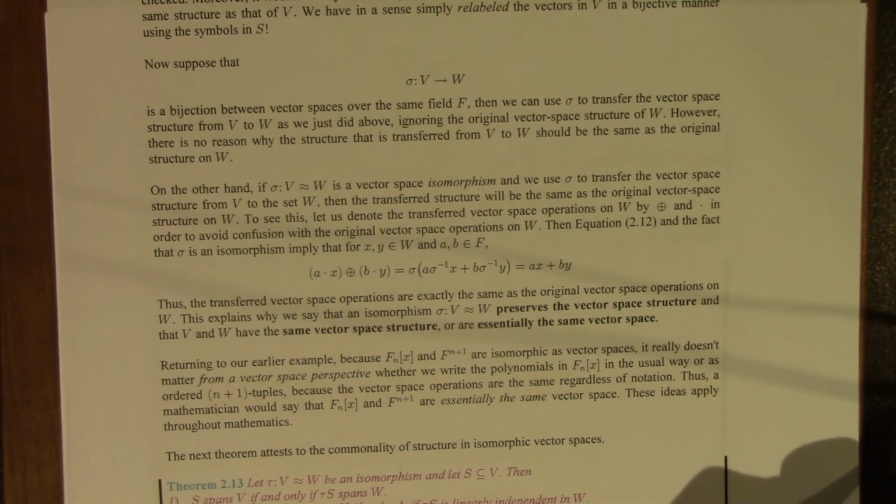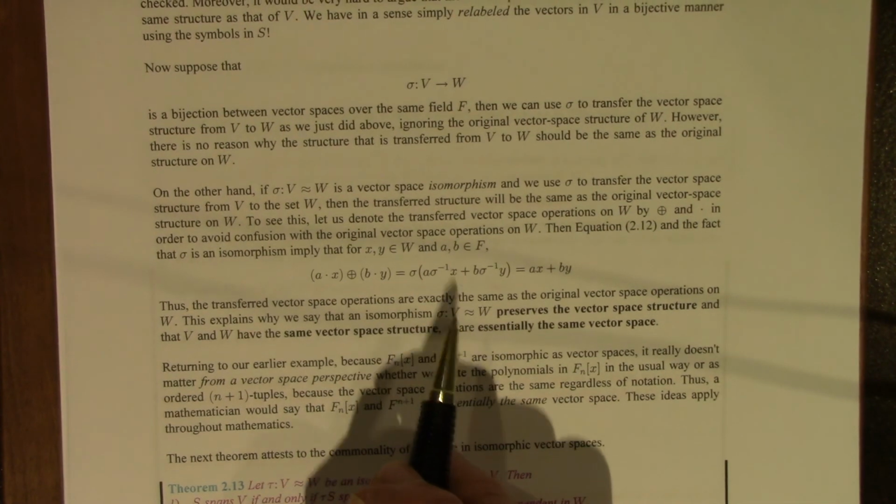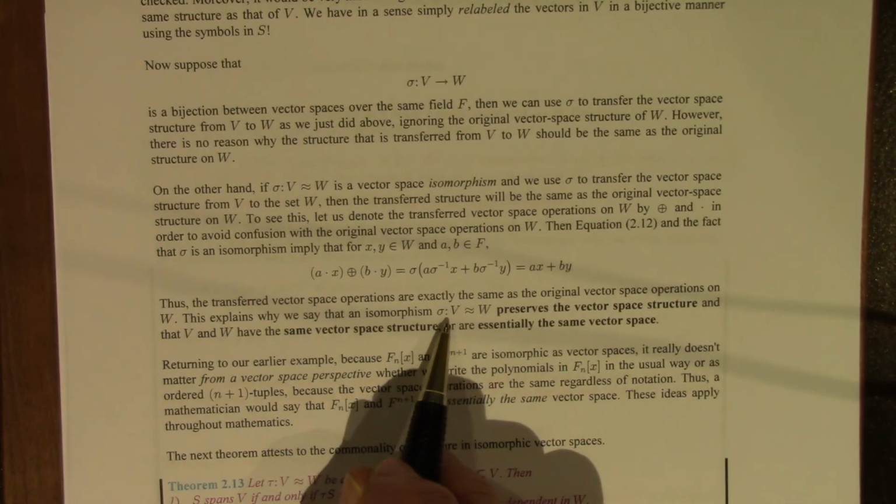That explains why an isomorphism preserves the vector space structure. To say again, here's an isomorphism.